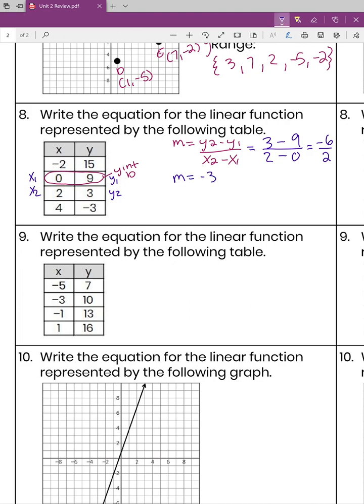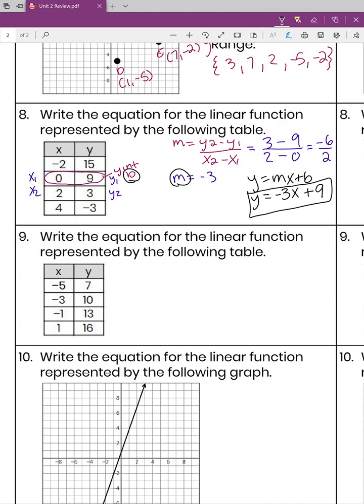And so if we were to write this in an equation, y equals mx plus b, we have our b value, and we have our m value, so now we just write it. Y equals m, which is negative 3, x plus 9, which is our b value. So this is our answer.